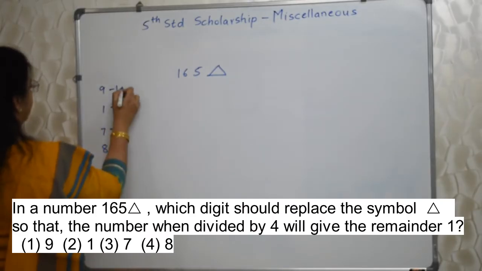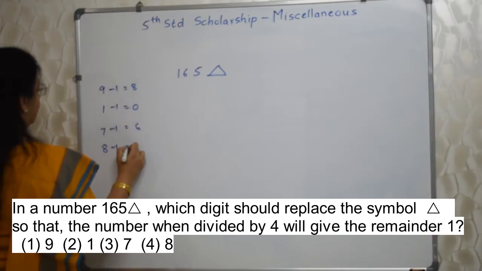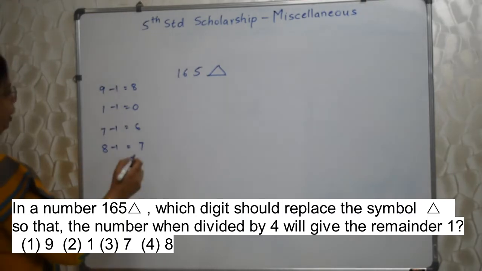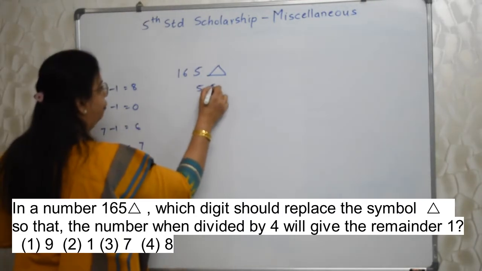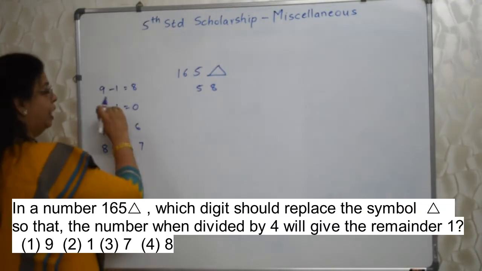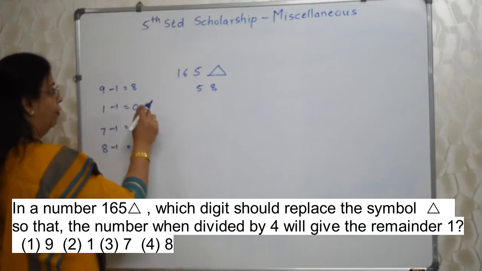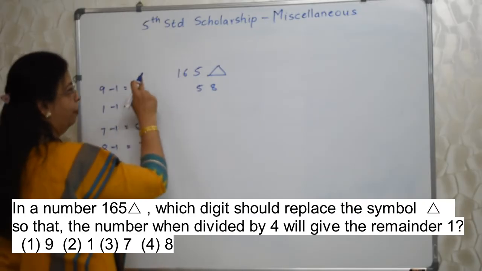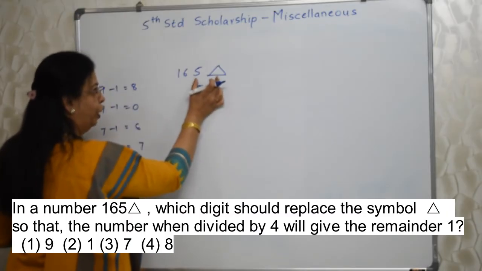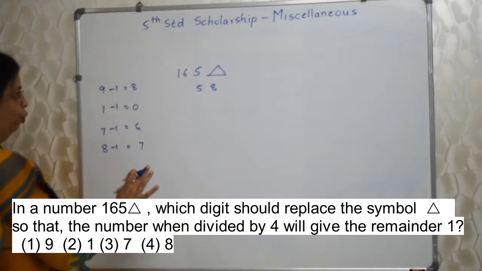I am subtracting, so I am getting 8067. So if I put 8 here, then this will be 58. Is this completely divisible by 4? See, once I remove that extra, I have subtracted. Then whatever is the digit, if I replace this triangle by that digit, then 58 or 52 or 50, whatever, that should be completely divisible by 4.